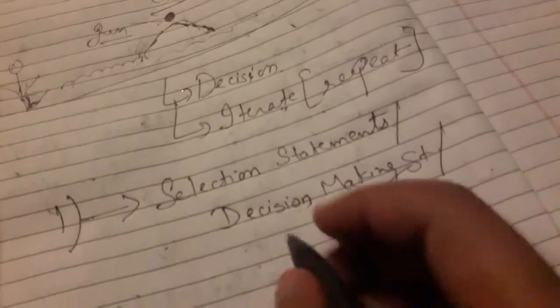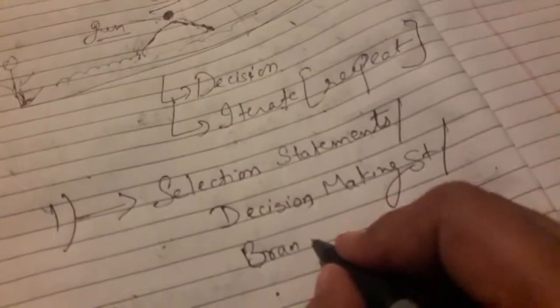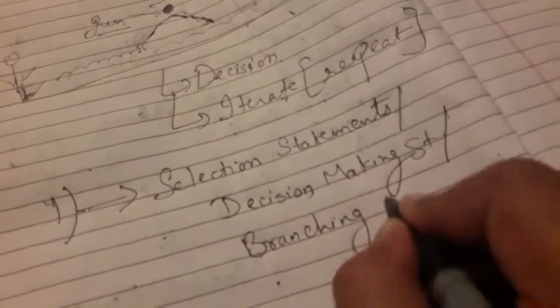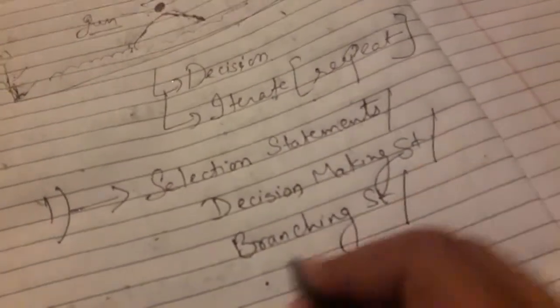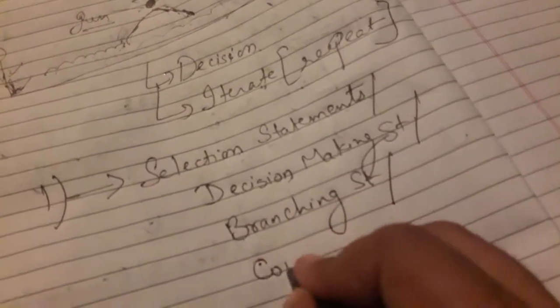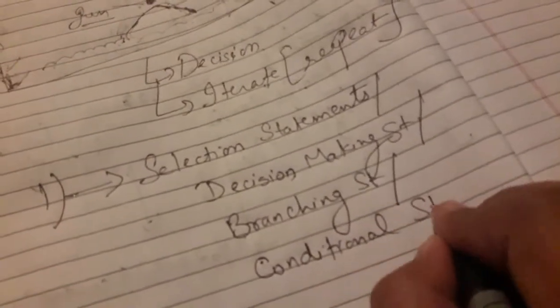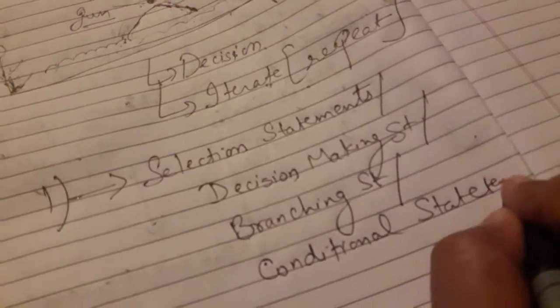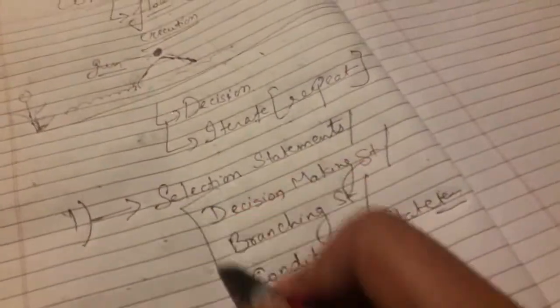In some books we call it as branching statements. And in some books we call it as conditional statement. Clear? But these three you have most commonly heard.